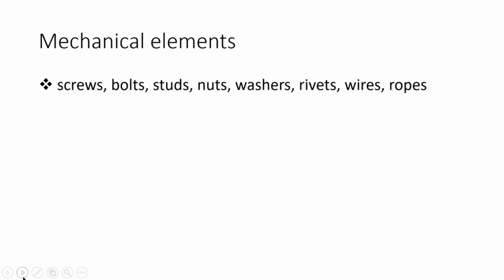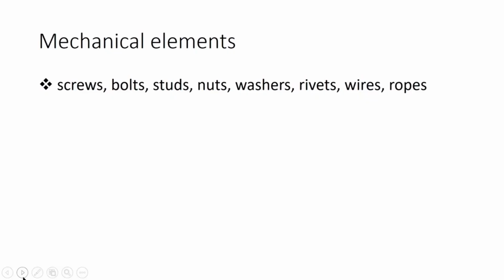Now, let us see what are the various elements that you can easily procure from the market. If you look at the construction of an automated system or any machinery or a machine tool, you will find that there are various components such as screws, bolts, studs, nuts, washers, rivets, wires and ropes.